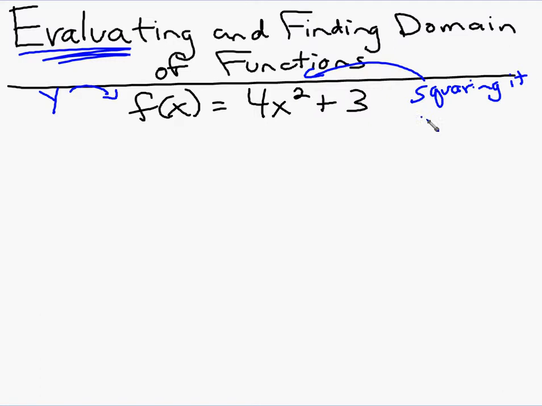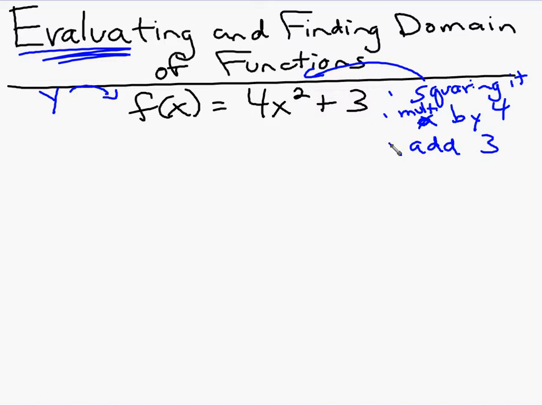Times by 4, or multiply by 4 if you don't like that x. Multiply by 4, and then what? Add 3. Okay, 1, 2, 3 things. Every x value that goes into the function machine gets squared, gets multiplied by 4, and then it gets 3 added on to it.